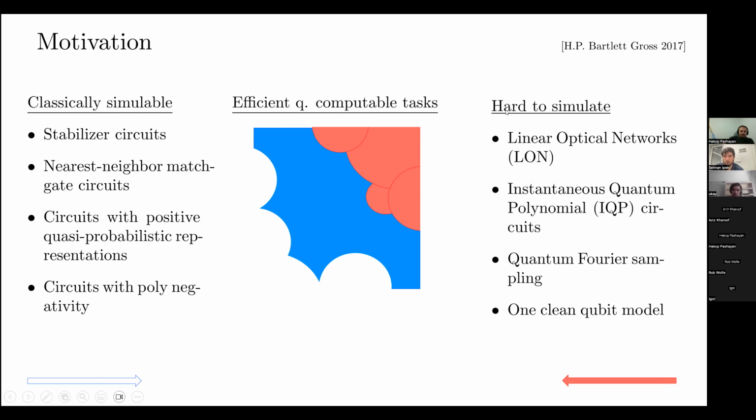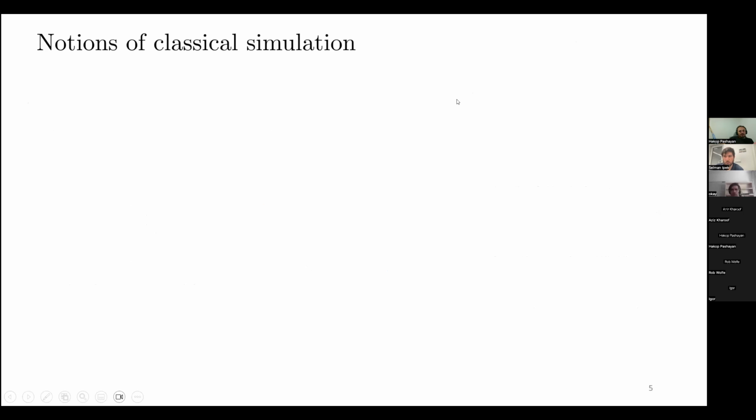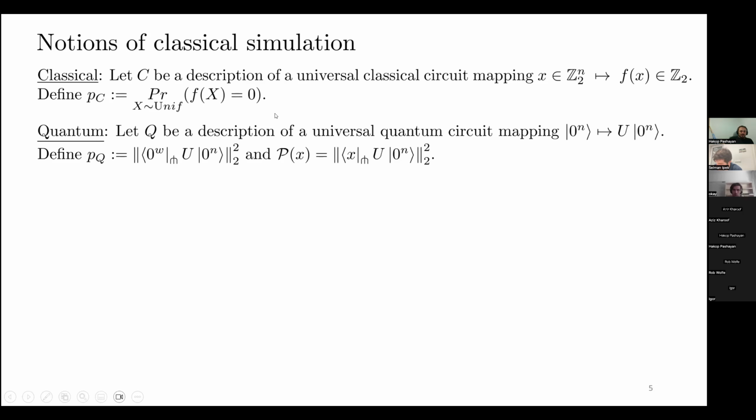But in any case, I'm not going to go through all these details, but I want to introduce some notions of classical simulation that might help set the context of some of the literature in this area. So to do that, I've got to define two key probabilities, PC and PQ. So PC is defined as follows.